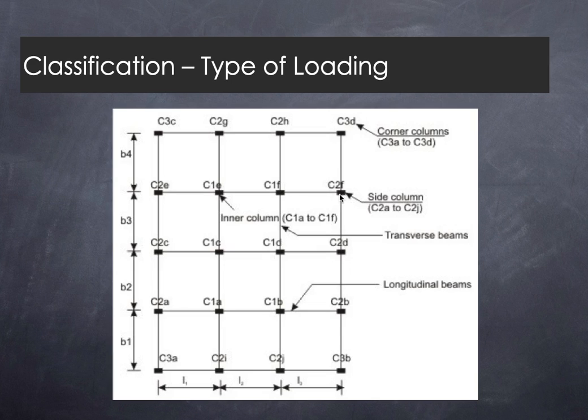Let us consider this beam. The reaction of this beam is not passing through the centroidal axis of the column. So this column is subjected to loading eccentric only about one axis.